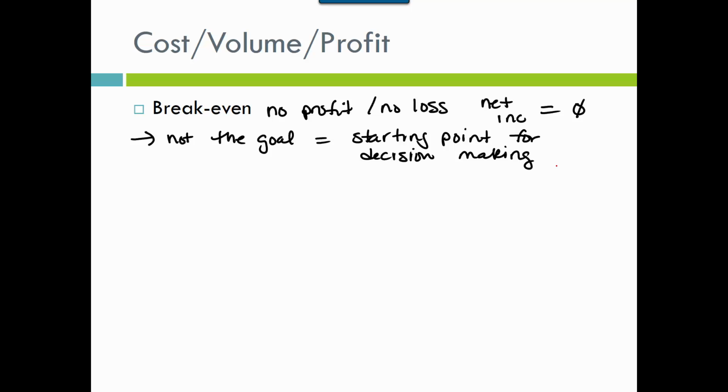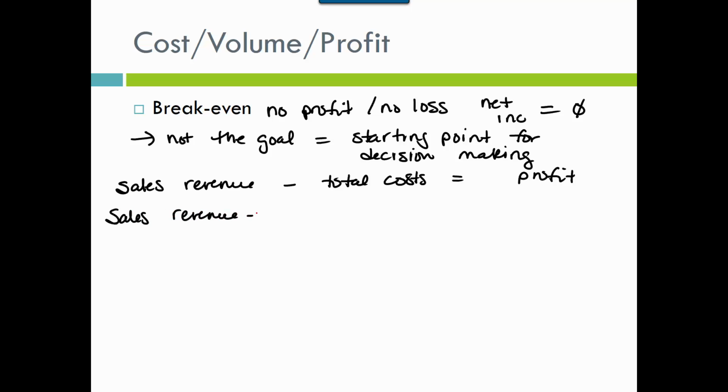So if we go back to the income statement, we know that our sales revenue minus our total costs equals our profit. We also know that total costs can be split into fixed and variable. So we could rewrite it like this. Sales revenue minus variable costs minus fixed costs equals profit.